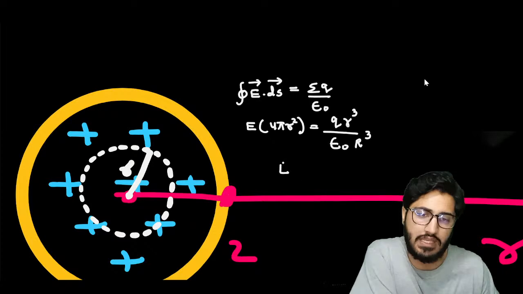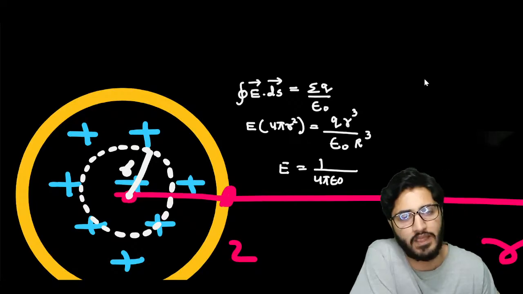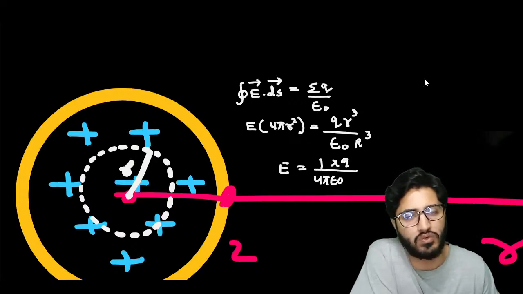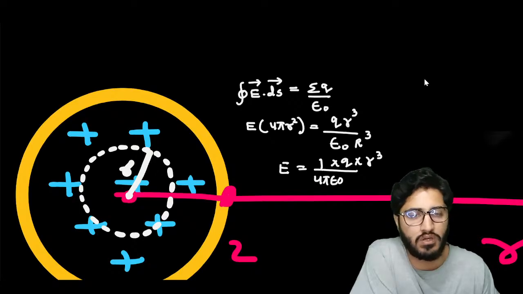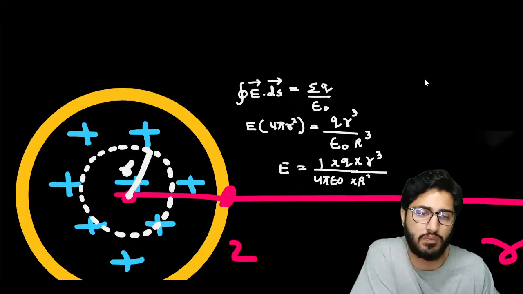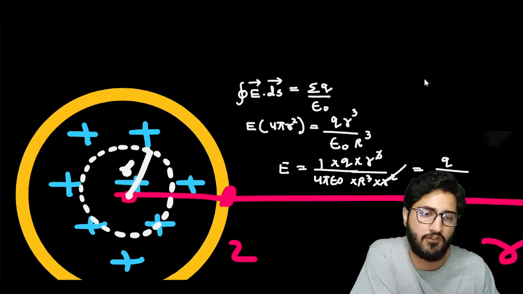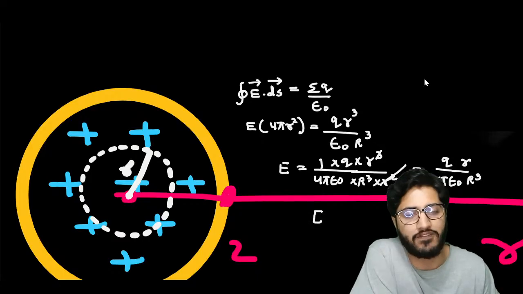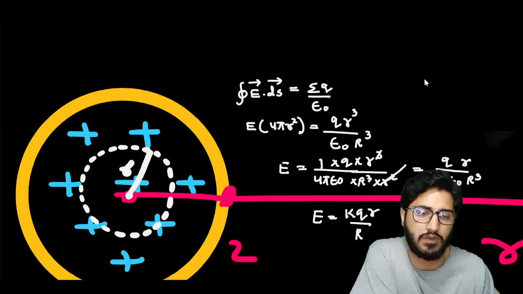So my E is equal to 1 over 4 pi epsilon naught into Q into r cube over R cube, then we have r square. r square cancels out, so it becomes Q divided by 4 pi epsilon naught into r divided by R cube, or I can write electric field inside equals KQr divided by R cube.